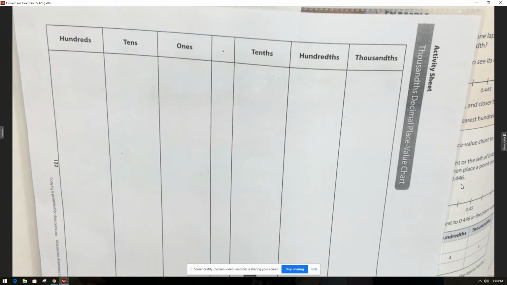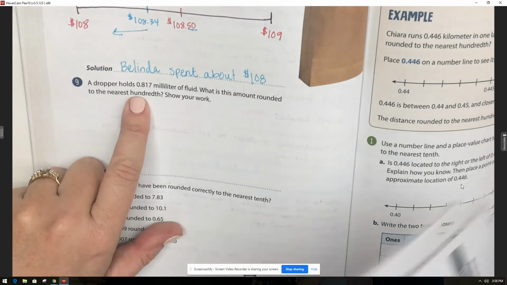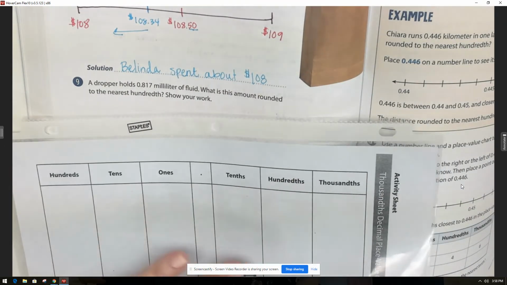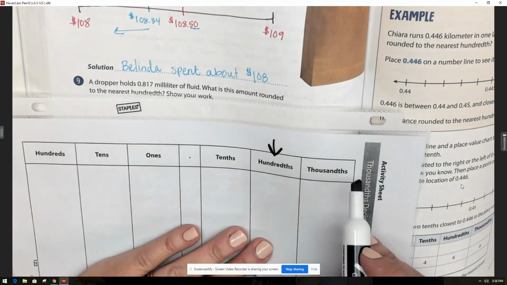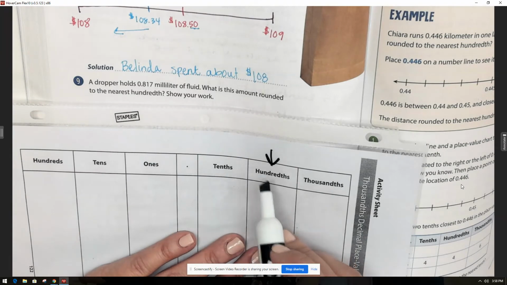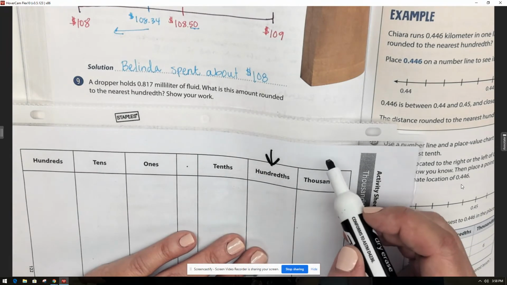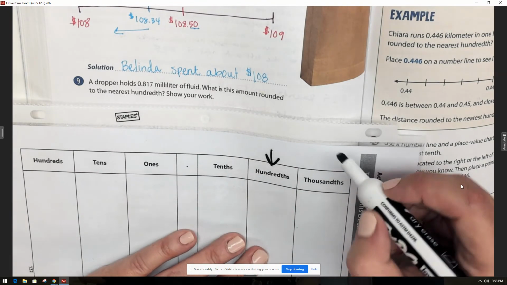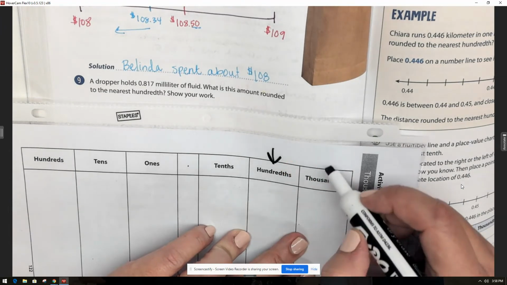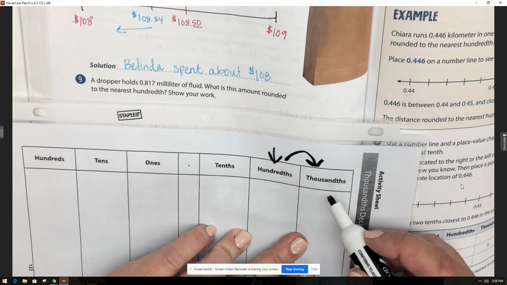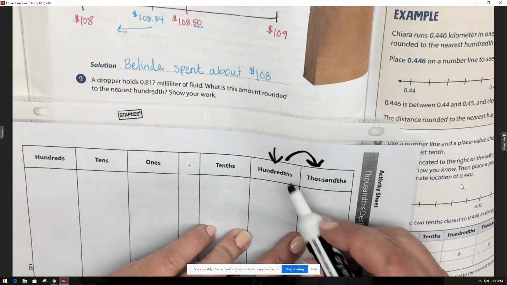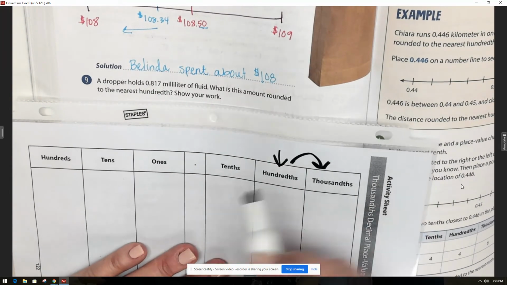If we're rounding to the nearest hundredth, remember, we need to look at the place value to the right of what we're rounding to. That means we're going to look at the thousandths to know what hundredth we're going to round to.